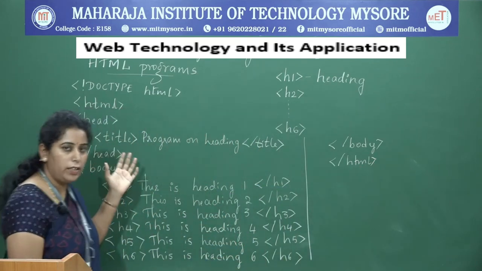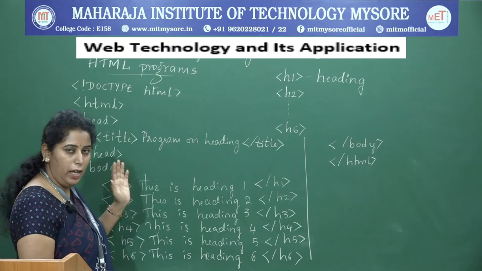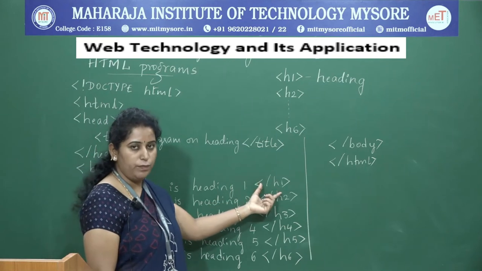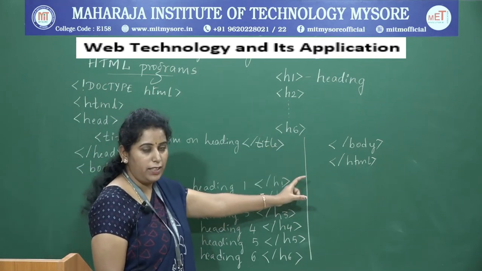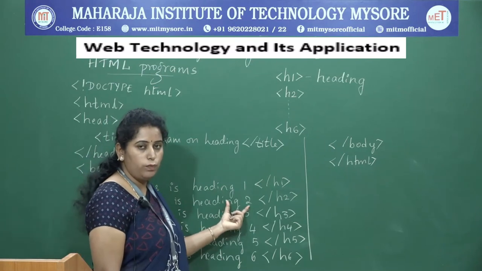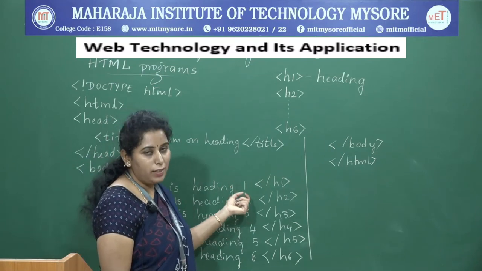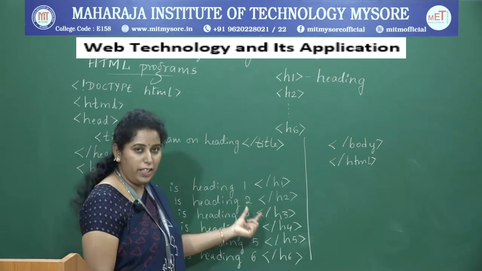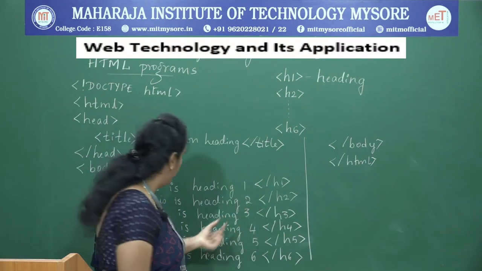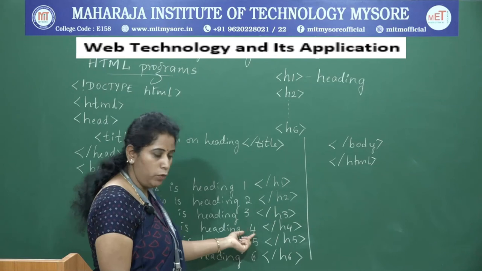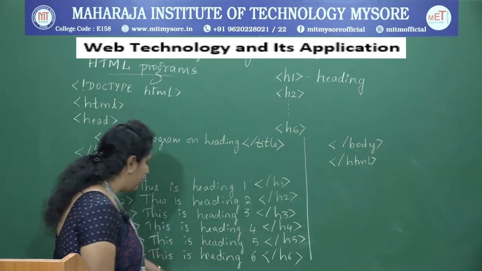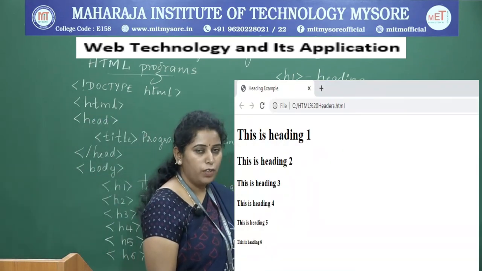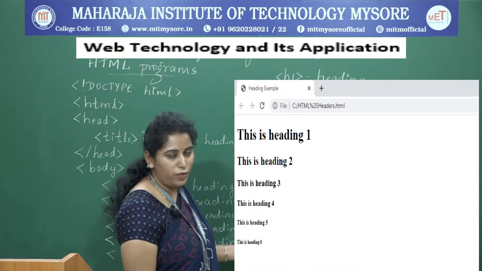Once you run this program, you will get an output with: this is heading 1 with a larger font size; this is heading 2, with a smaller font size than H1; likewise this is heading 3, a few sizes smaller; this is heading 4, a little smaller still; up to H6. You can look into the output and understand how it is working.